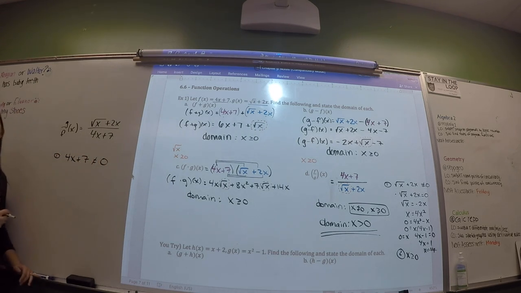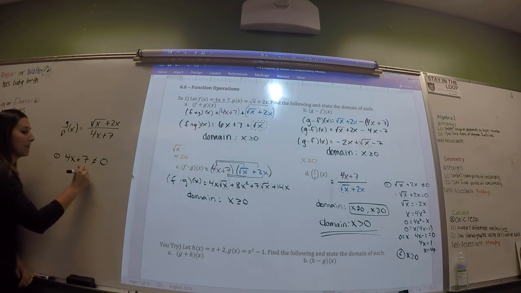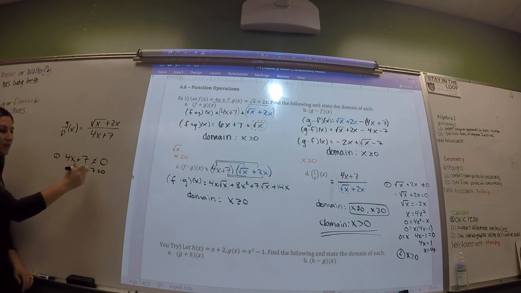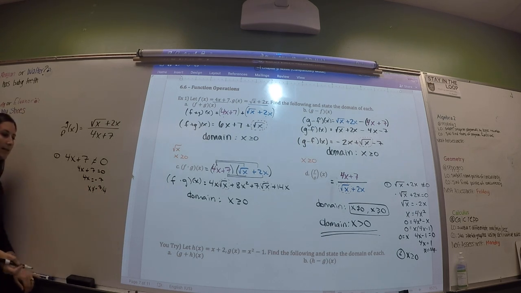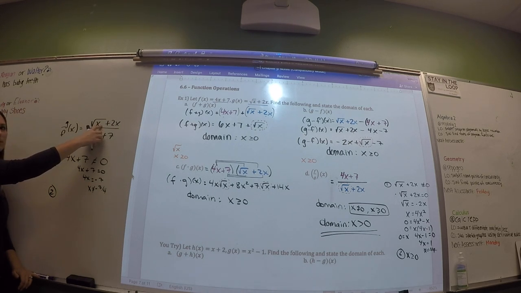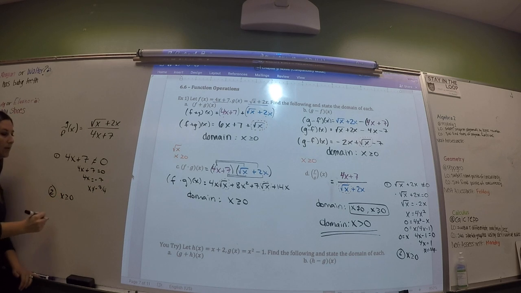We don't want the denominator to be 0, so we're going to take that, set it equal to 0, and solve. If I solve this, I can subtract 7 and divide, and I get x is not equal to -7 over 4. That would be part 1. You would still combine that with part 2 because of the square root. Now the square root says x has to be greater than or equal to 0.